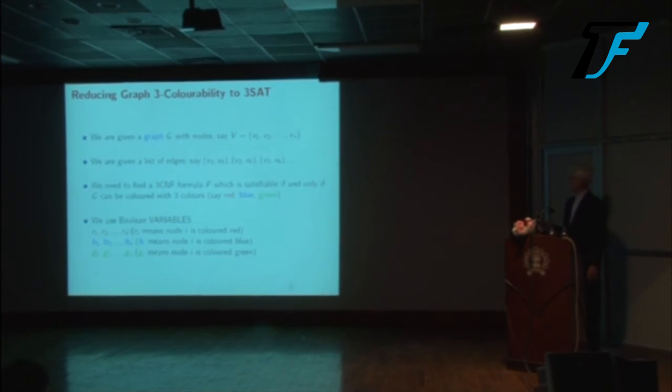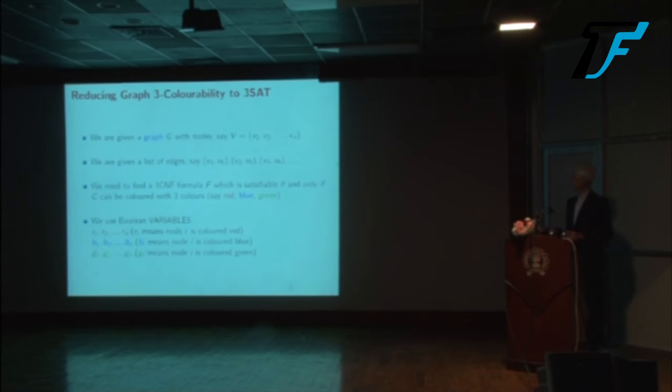We want to know if that graph is 3-colorable. Since that's hard to do directly, we're going to reduce it to 3CNF. So we have to turn this graph into a corresponding 3CNF formula, with the property that the formula is satisfiable only if the graph is 3-colorable.